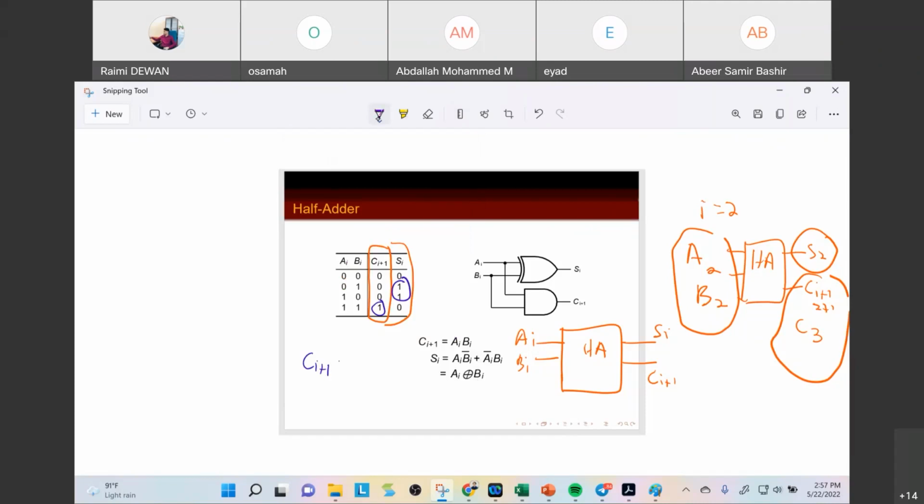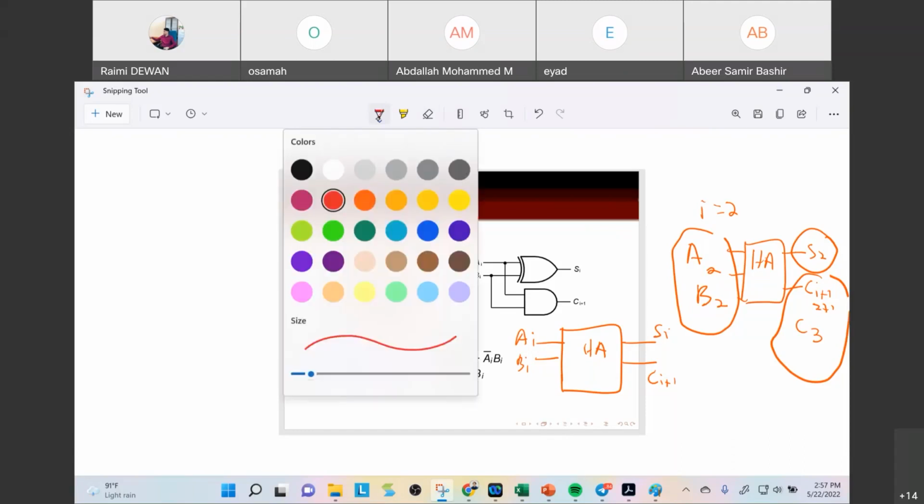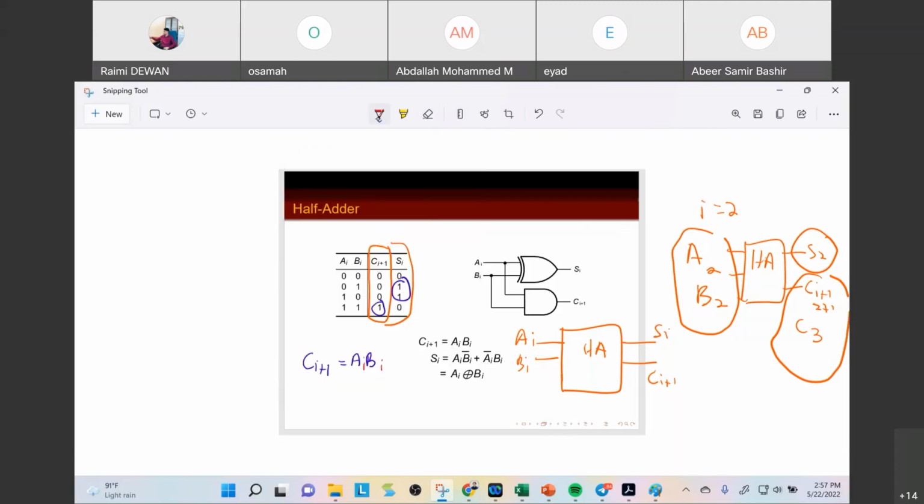So CI plus 1 is actually A, B bar, A, B. And because it can be 1, 2, 3, 4, 5, whatever, that's why we just use I. Okay, so this settles the carry.